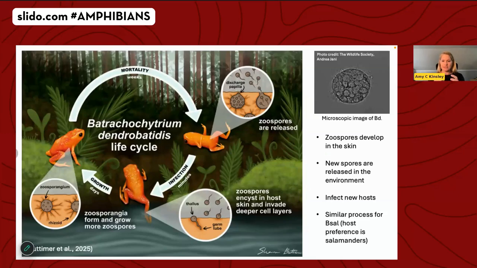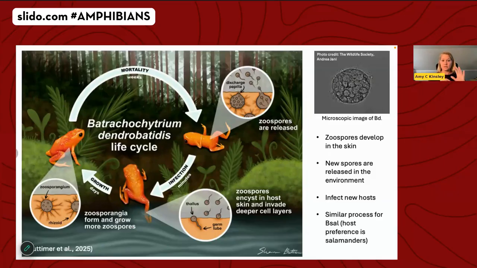Within a few days, the fungus produces new spores, which are released back into the environment and infect additional hosts. Because amphibians rely on their skin for respiration and for electrolyte balance, really heavy infections can disrupt these processes and can lead to mortality.